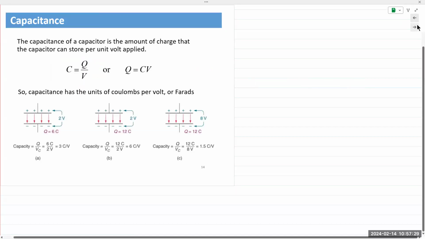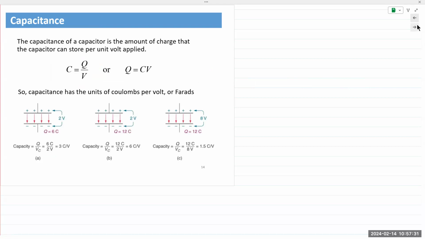Simple examples of what a capacitor would actually mean. Remember, capacitance is the capacity to store electric charge. Okay. Mathematically speaking, it is storing electric charge for every unit of voltage applied. So C is Q, the charge stored per unit of voltage applied, so Q over V. Or we can write Q is CV.